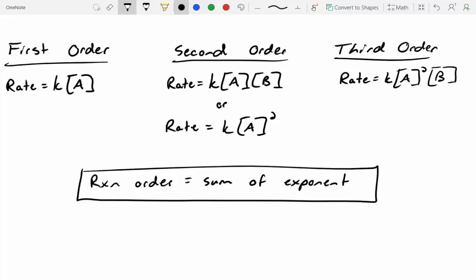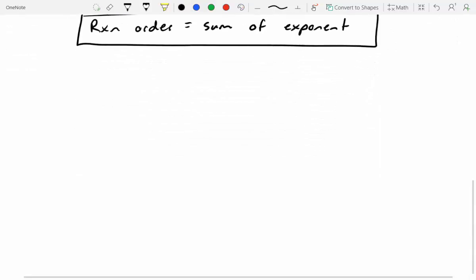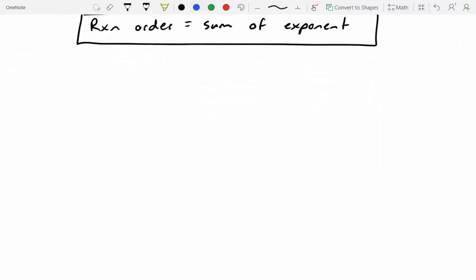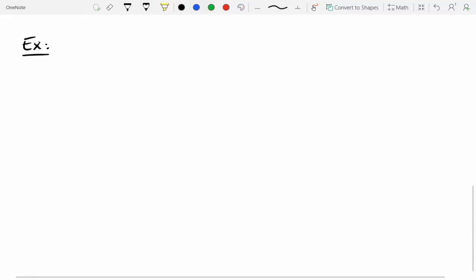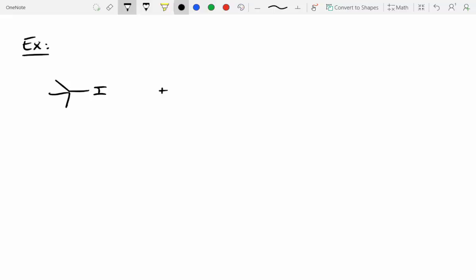All right. So let's take an example and we'll try to determine the reaction order. So let's say we've got this example. All right, and I'm even going to make a chemical example for you guys. So I've got this compound plus I've got some base in solution or a nucleophile, depending on how you want to look at it.